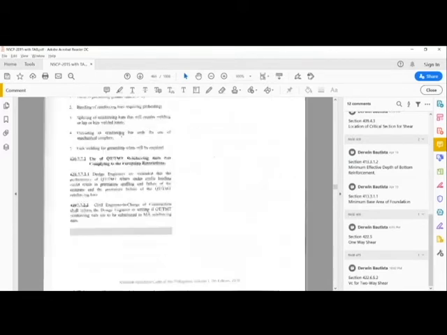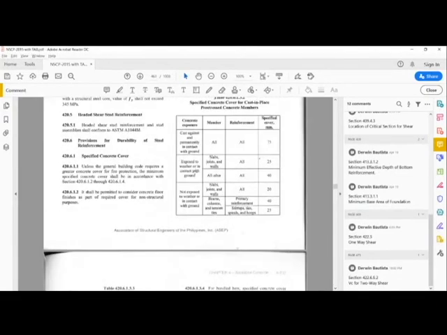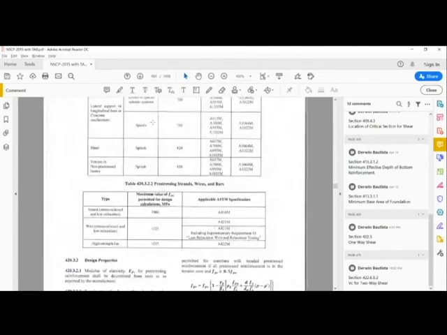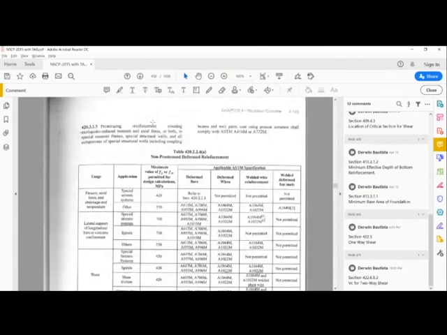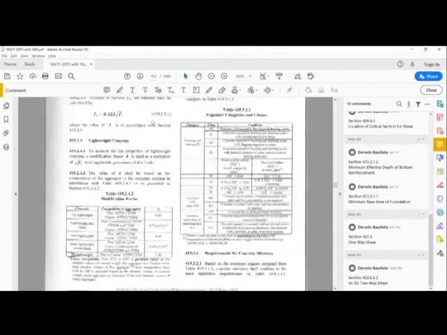So yung lambda naman natin written from section 419, this one. Okay. So we are assuming that it is a normal weight concrete from table 419.2.4.2. So our lambda is equal to 1.00.